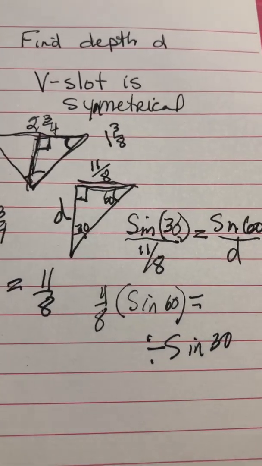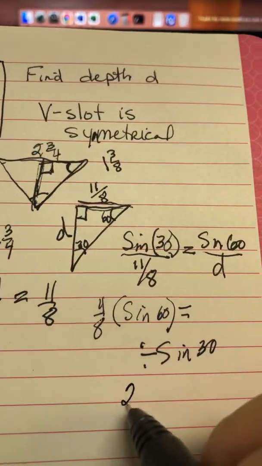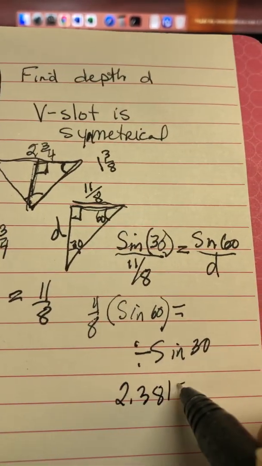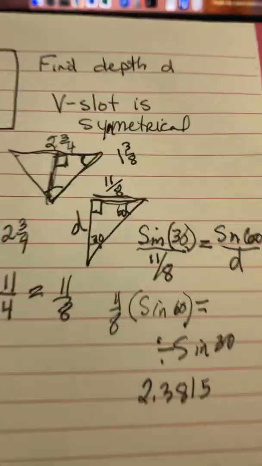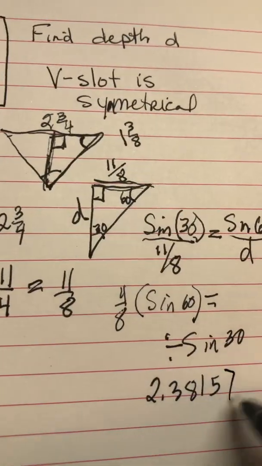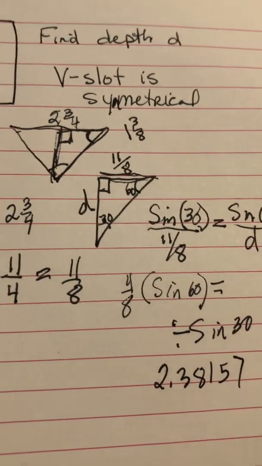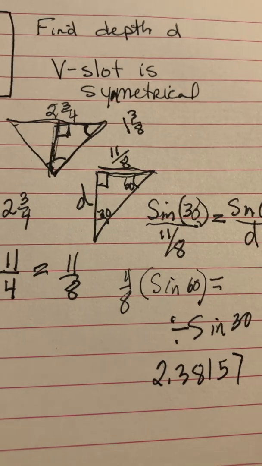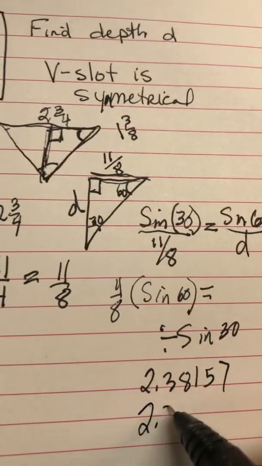So I get 2.381569, so we'll just call it 2.3816. And in the directions they said round to the nearest hundredths place. So we'll call it 2.38.